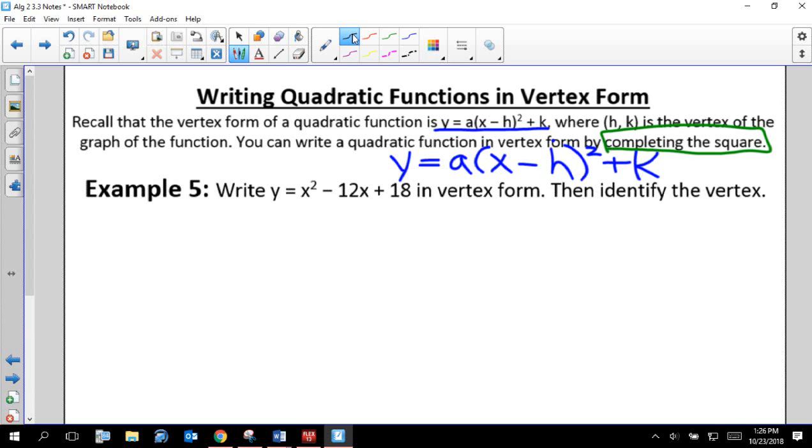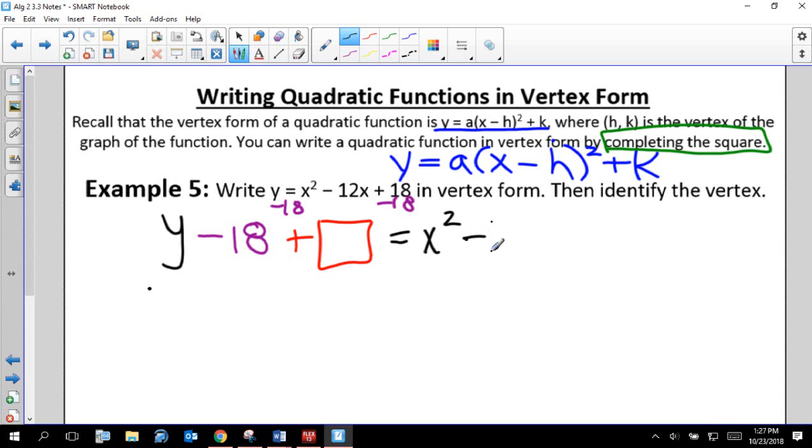So the first thing I'm going to do is move the c term to the other side. I'll move away that 18, but there's a y there, so I'm going to keep that y there: y minus 18 equals x squared minus 12x plus a square.